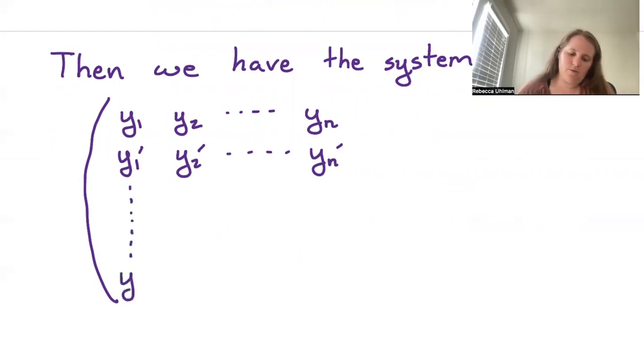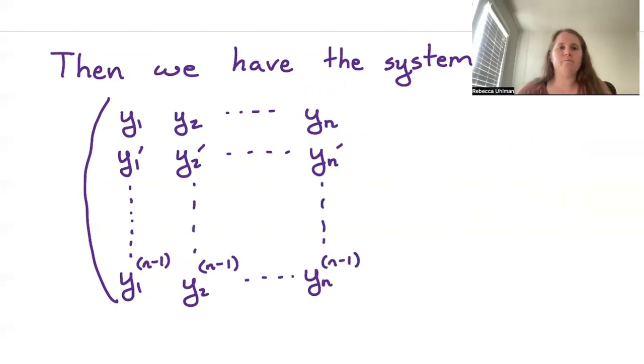Then the n minus first derivative of y1, n minus first derivative of y2, all the way up through the n minus first derivative of yn as our last row.